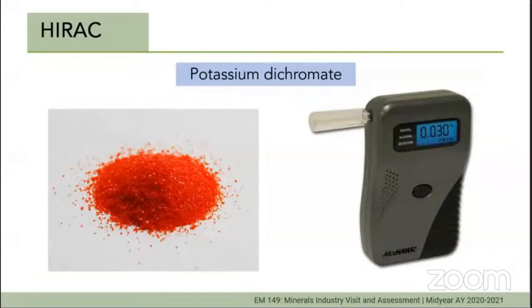And within this breathalyzer, meron tayong ginagamit na potassium dichromate to be able to determine yung presence ng alcohol, okay, doon sa person na yon. So itong potassium dichromate, if you are exposed to it in large amounts, it's actually a carcinogen. So toxic siya, and we would like to avoid it in large concentrations.